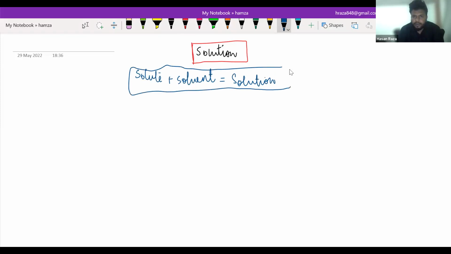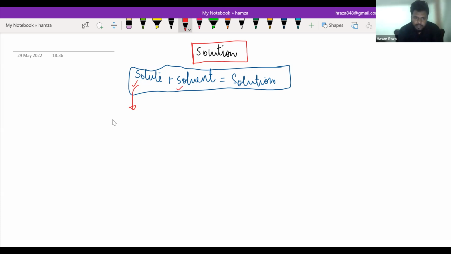Solute plus solvent is equal to solution. One important point here is how we will recognize whether it is solute or solvent. The first point to recognize is that we will go by its amount.